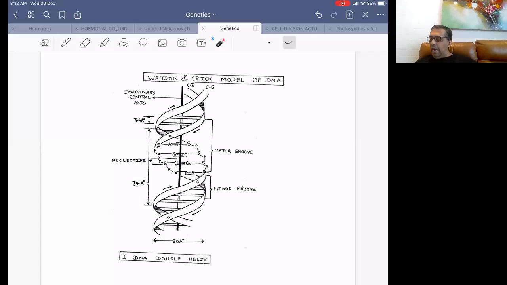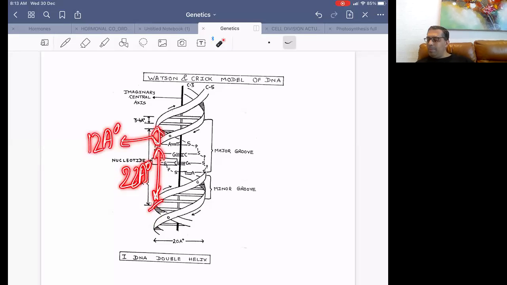Let's look at it this way. We had one minor plus one major. How much is the minor groove? 12 angstrom units. How much is the major groove? 22 angstrom units. So how much is one spiral of one strand? Check this here.